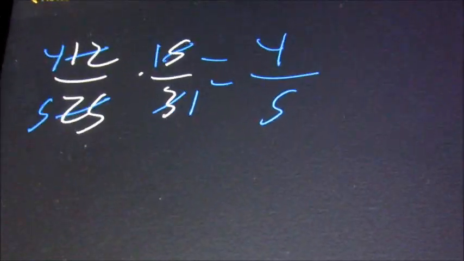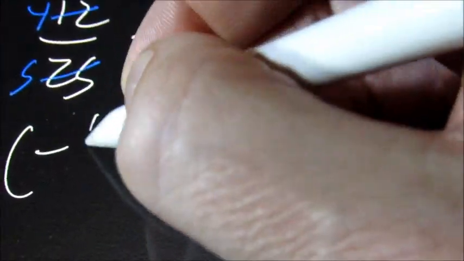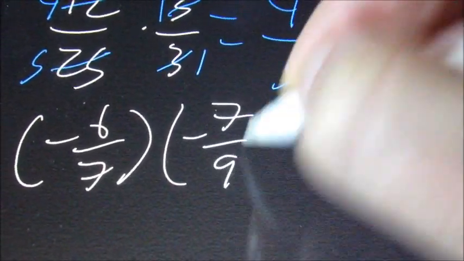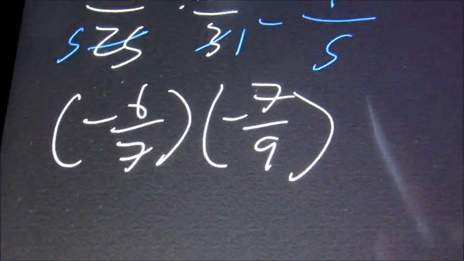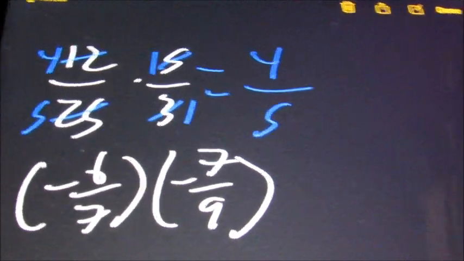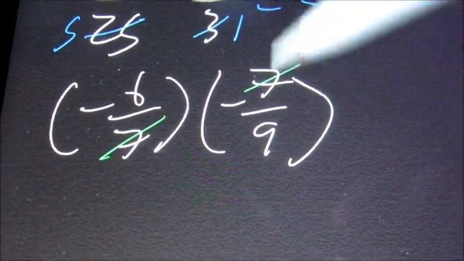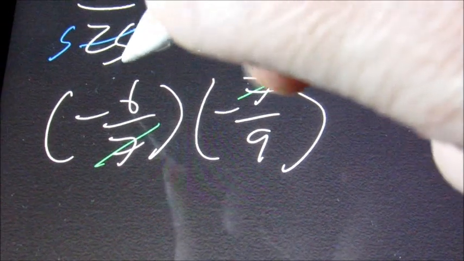Next, let's do something with some negative numbers. Say we have negative 6 over 7 times negative 7 over 9. So first off, the 7 and the 7 can cancel, because we have a 7 on top, 7 on bottom. And then also the 6 and the 9 can both be divisible by 3.